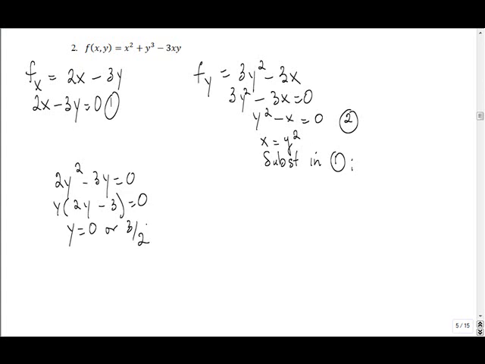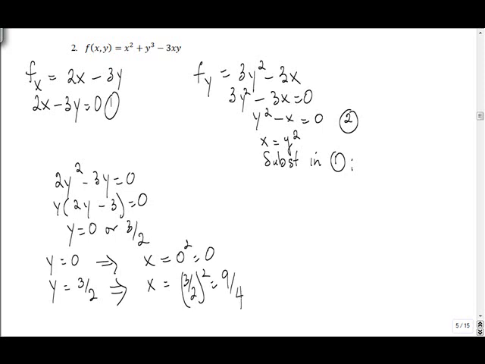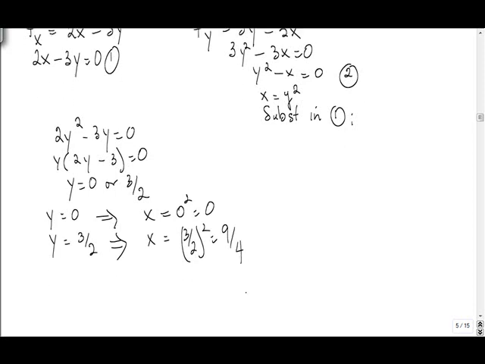Now take these 2 points for y and find what x is. So remember, x is y squared, right? So y is 0 implies that x is 0 squared, which is 0. Y is 3/2 implies that x is 3/2 squared, which is 9/4. So we have 2 critical points. 0, 0, and 9/4, 3/2.